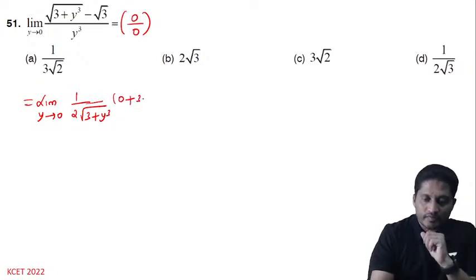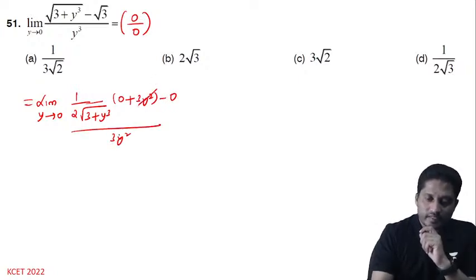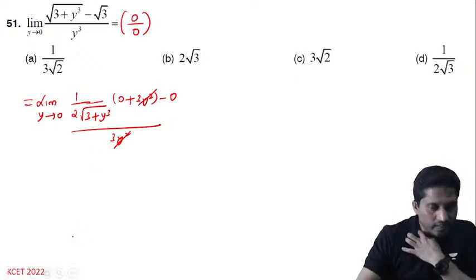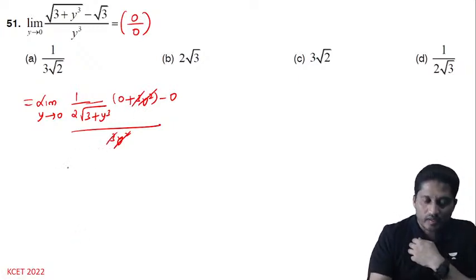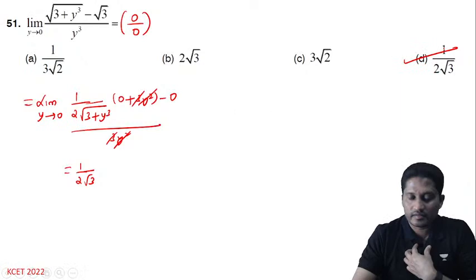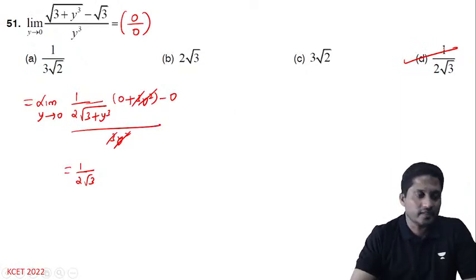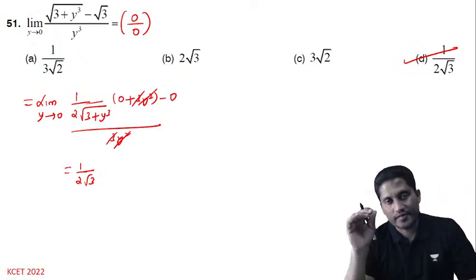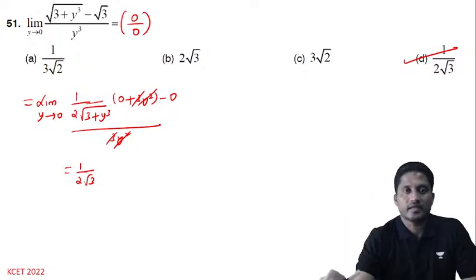Differentiation of y cube is 3y square. This is 0 divided by 3y square. This 3y square will cancel, and cancel 3 as well. y is tending to 0. You will get 1 by 2 root 3. Yes, answer is option D. Question number 51 is D. Just use L'Hopital's rule. Differentiate the numerator and denominator separately.